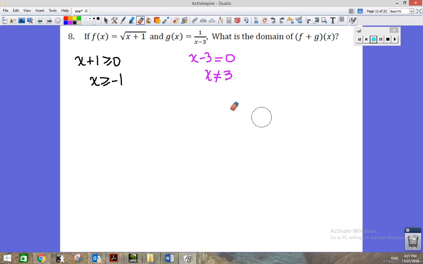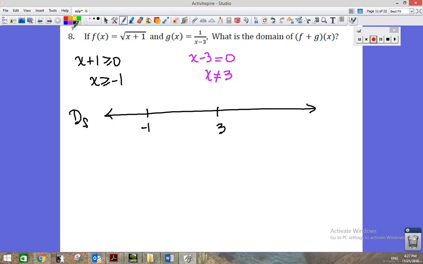So let's draw a picture of each of these on a number line. For the domain of f, -1 is to the left of positive 3. To be greater than or equal to -1, well, to equal -1, that's a solid dot. For x to be greater means to the right, so all of these numbers to the right, they're in the domain of f.